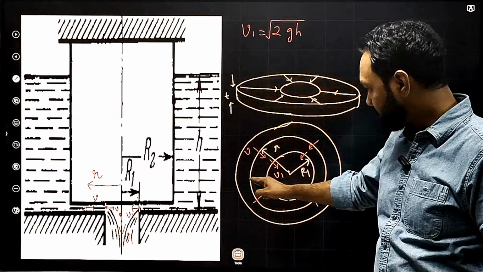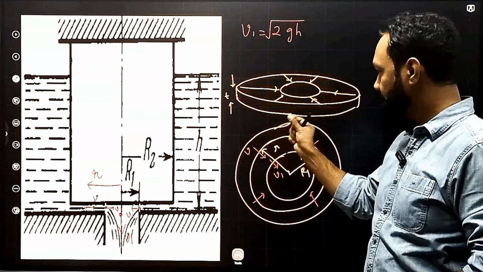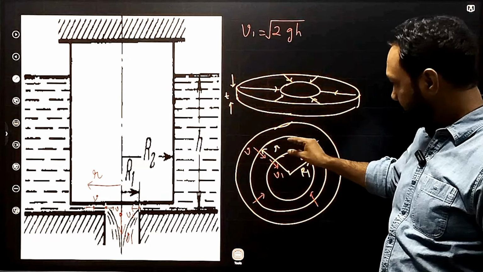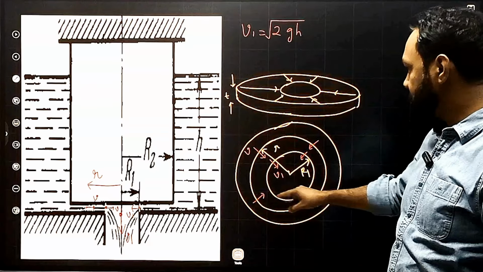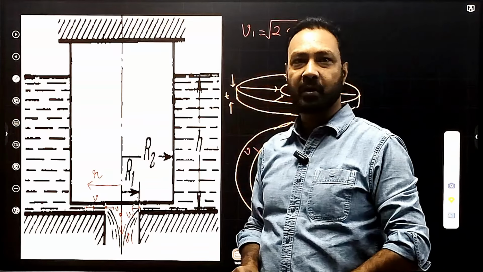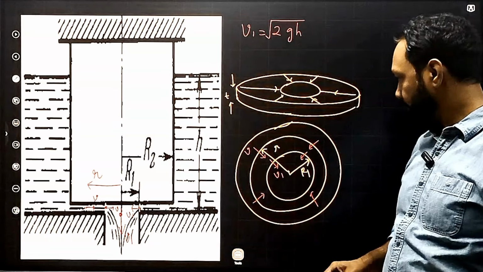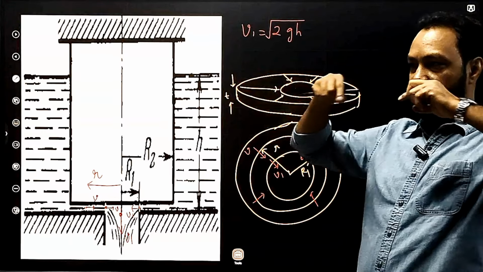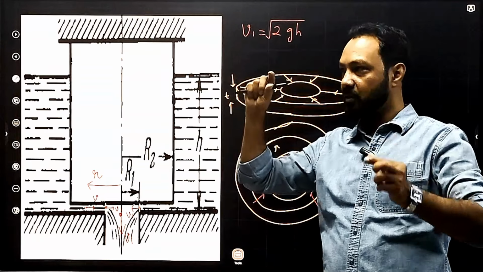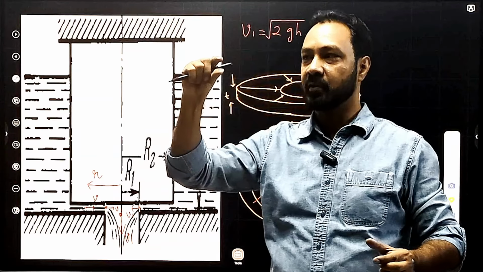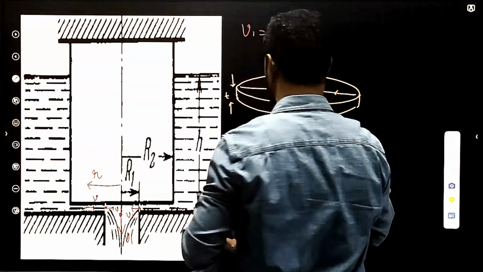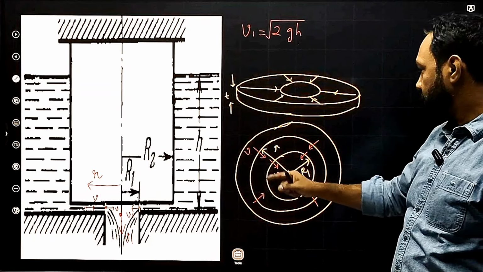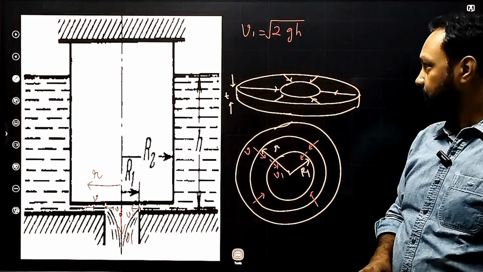Just think, this circumference is 2 pi r and there is a height t. So at this section, fluid is crossing through an area 2 pi r into t. And here the area would be 2 pi r1 into t.